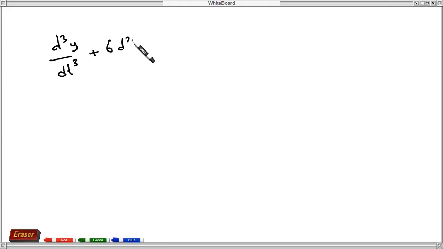Suppose we have a system defined by the differential equation d cubed y dt cubed plus 6 d squared y dt squared plus 11 dy dt plus 6y is equal to 6u.